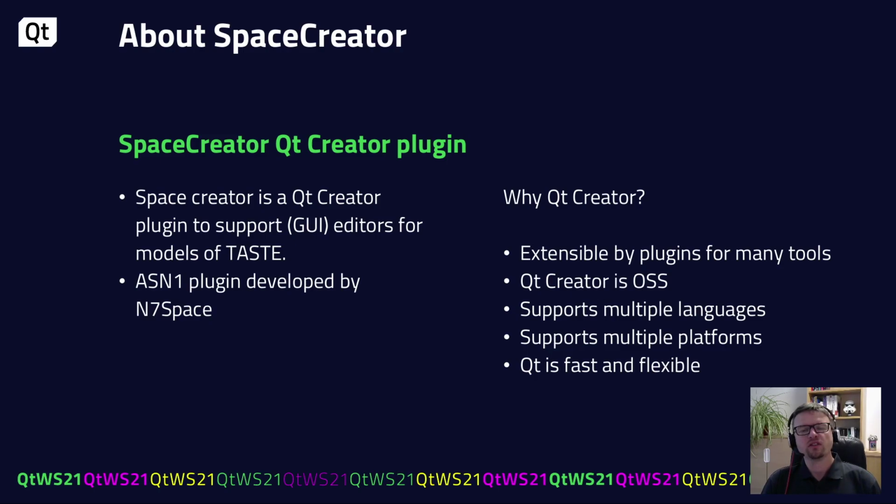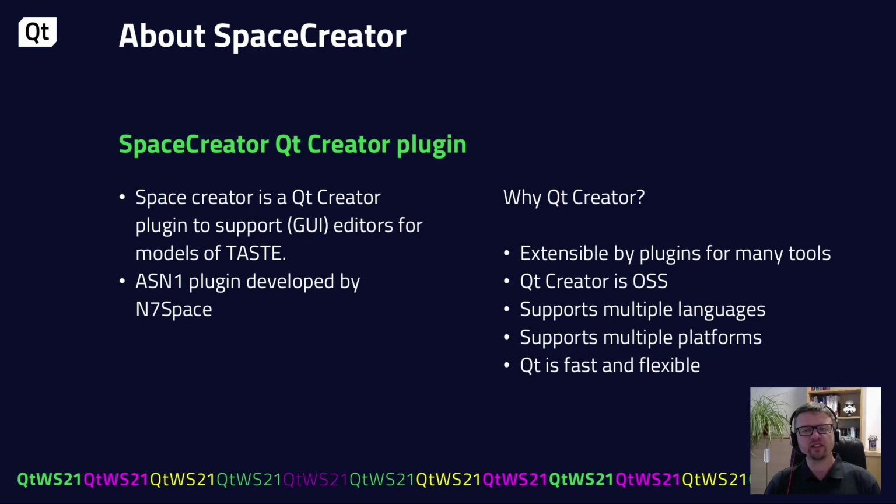So why was QtCreator chosen for this? Well, QtCreator can be extended by plugins, so you can embed all the graphical editors that ESA wants to. One major part is that QtCreator is open source. As the whole of TASTE is open source, it's nice to have the tools open source as well. It supports multiple programming languages, as in TASTE, multiple languages are used, and the targets are multiple languages as well.